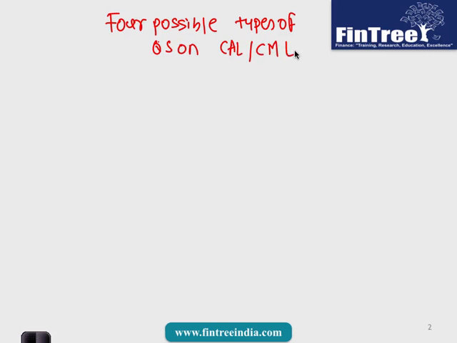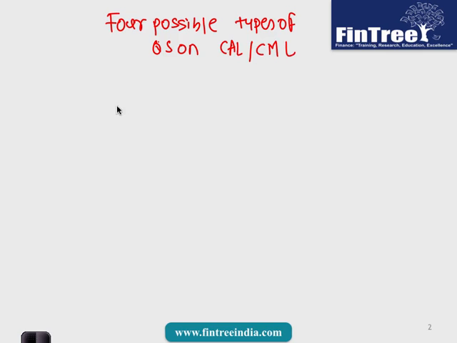So heading would be 4 possible types of questions on CAL and CML. There are only four possible questions that can be tested, and those are integrated with each other. Since the equation of CAL and CML is same, the same method works for them.